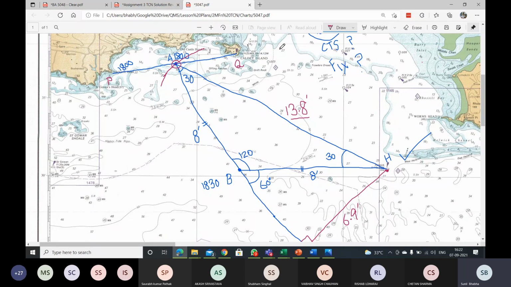So now the further procedure is pretty simple. Once you have the 1800 fix, you can draw line AH. Right, AH line आप draw कर लो. That will give you the bearing of the Helvik light vessel at 1800 hours. So add 30 degrees to it and you get your CTS.